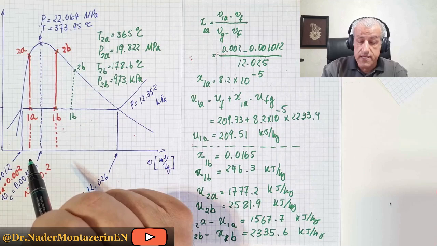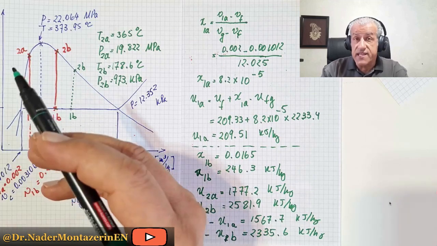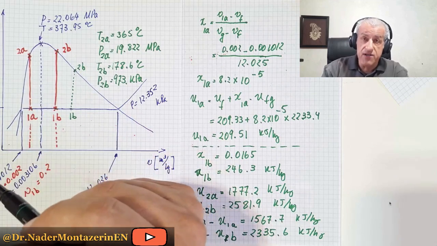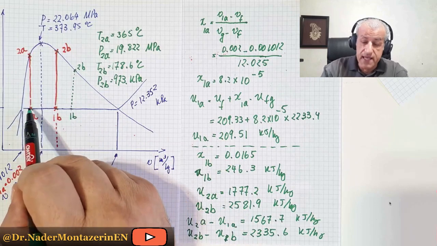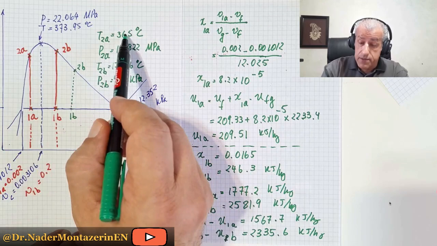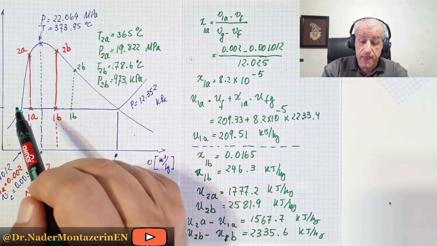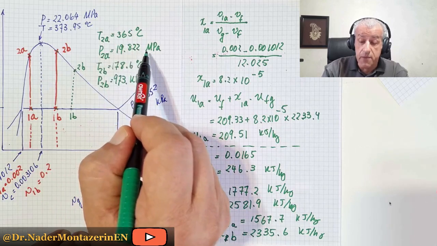In both cases, we have increased temperature and we have increased pressure. The interesting point is that here we have increased temperature more, up to 365. We have increased pressure more, up to 19 megapascals.